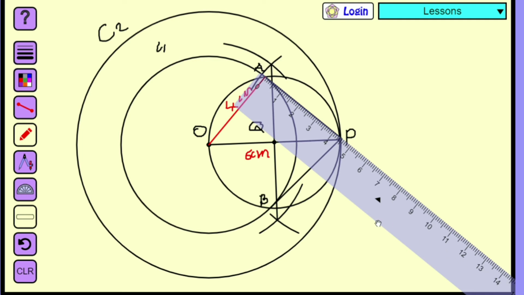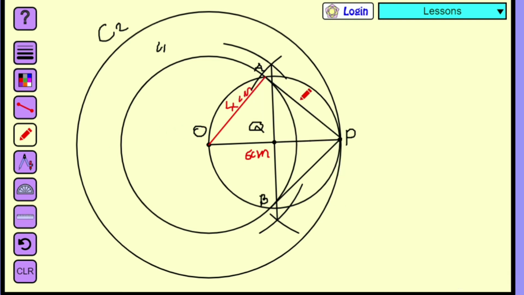The question asks to verify the length of AP by actual calculation. I will give the steps to verify. You know that OA and AP are perpendicular to each other because the radius and tangent are perpendicular at the point of contact. A is the point of contact, OA is the radius and PA is the tangent to circle C1.